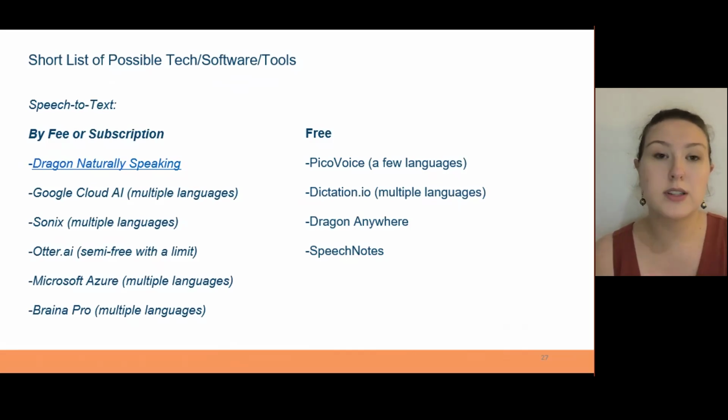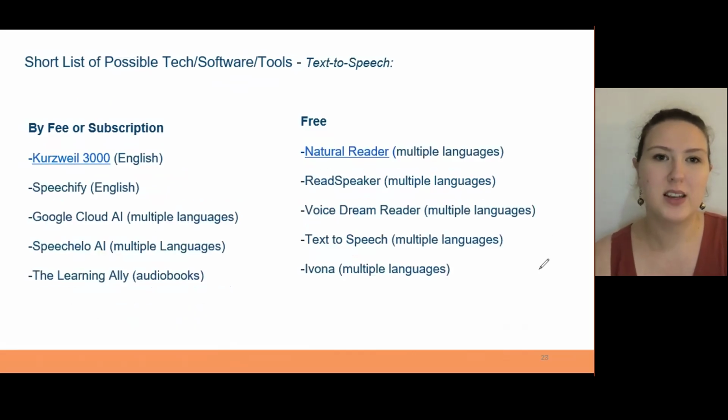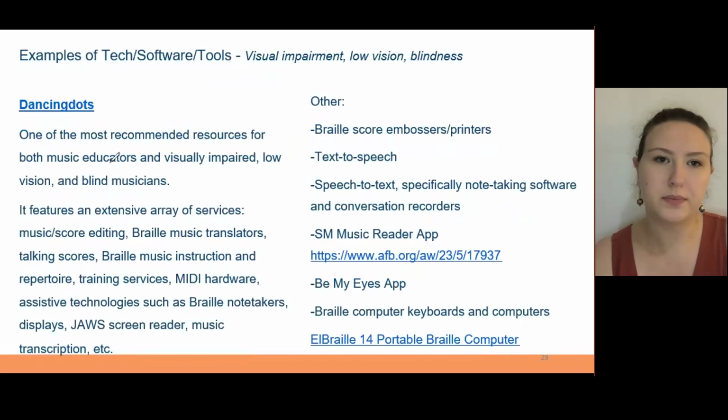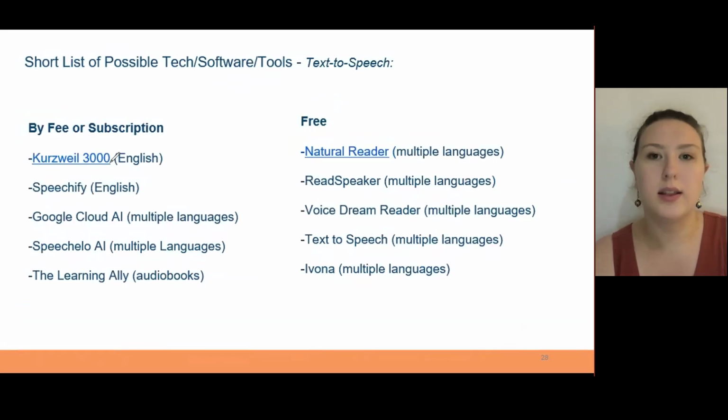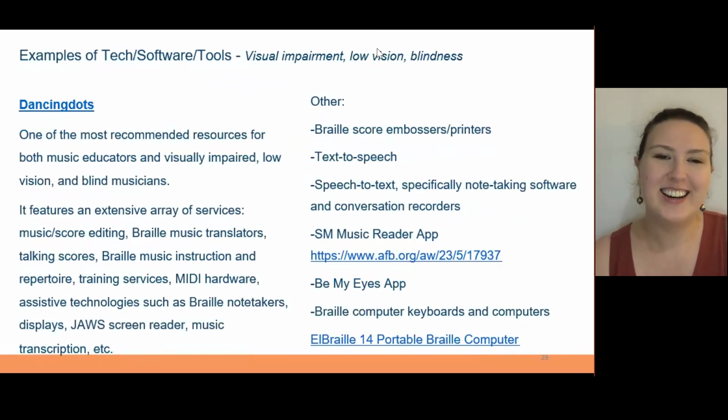There are hundreds of such kinds of tools and tech, and online researching is very helpful. Here also by fee or subscription, Kurzweil 3000, Natural Reader, Speechify, and so on. And these, yes, text-to-speech and speech-to-text are a little bit confusing.